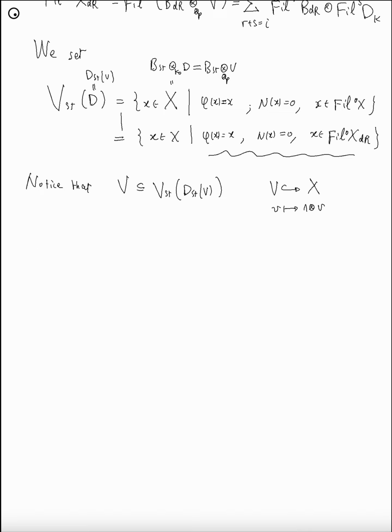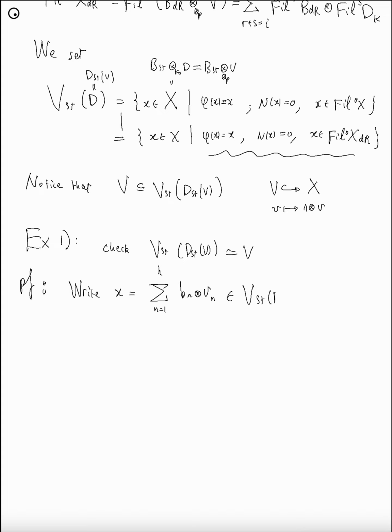Check that V_ST(D_ST) is isomorphic to V. So let's write an element x into the form sum over n from 1 to h of b_n tensor v_n, as an element of V_ST(D), where small b is in B_ST and D equals D_ST.